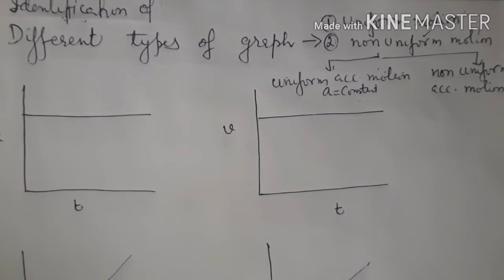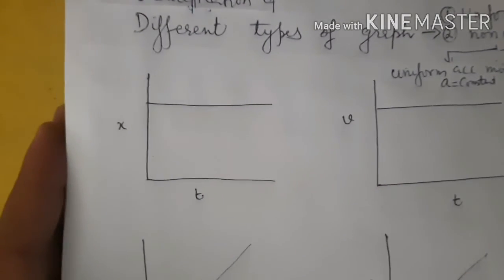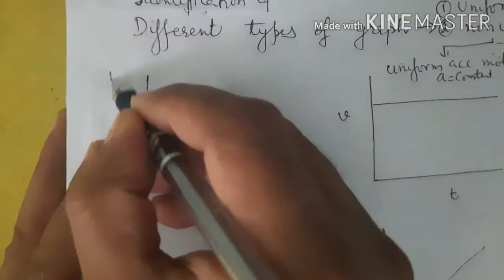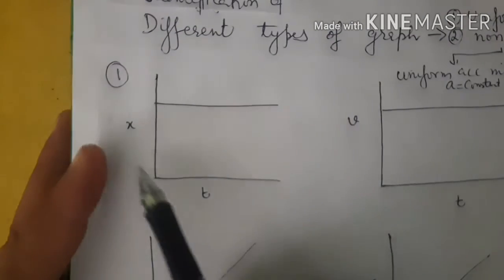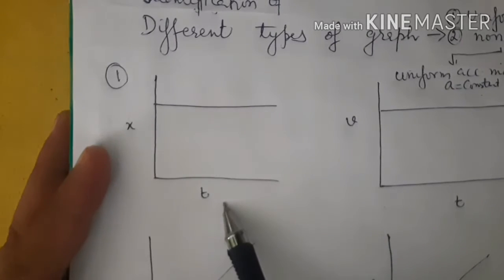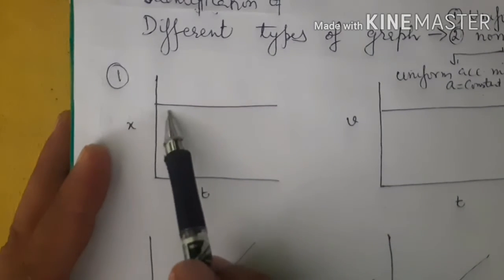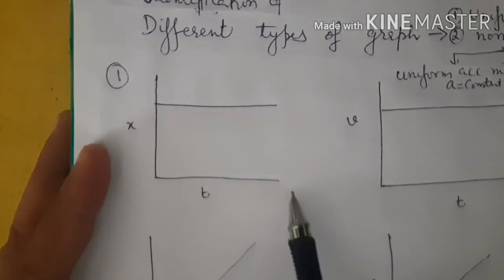Let us see the first graph. This graph is between x and t, meaning position and time. This graph is horizontal with respect to time.